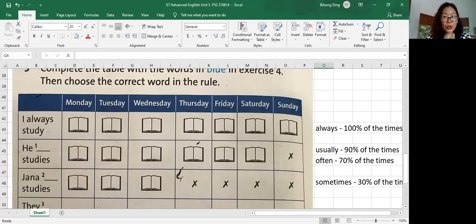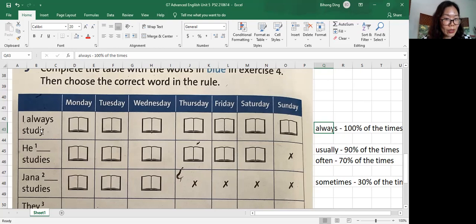Frequency is how often you do something every week. First is always. In order for you to understand, I just put some percentages, so it's very easy to understand. Always, you can think about it this way: you do something 100% of the times.